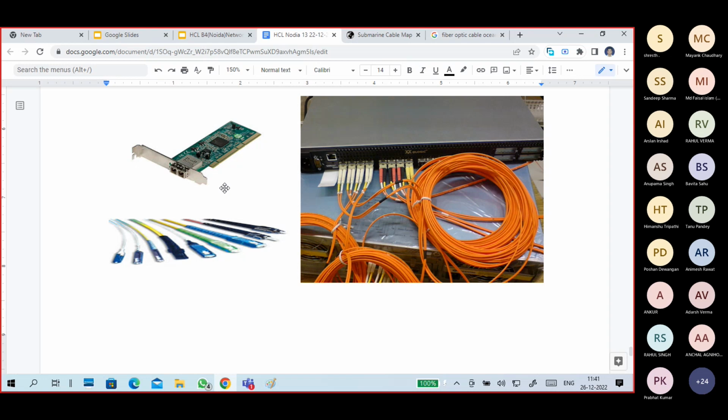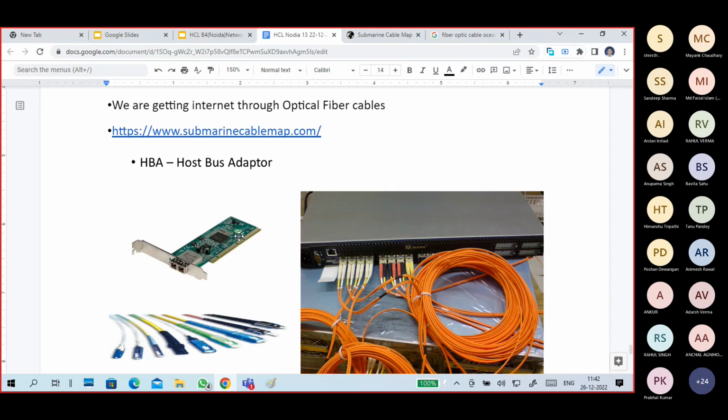First thing. Second, my laptop or desktop has a LAN connector, right? Normal RJ45 connectivity, which means I can connect a LAN cable. But if I want to connect a fiber optical cable, I need a fiber optical NIC.